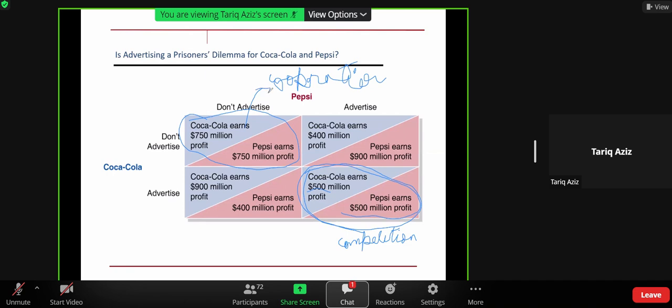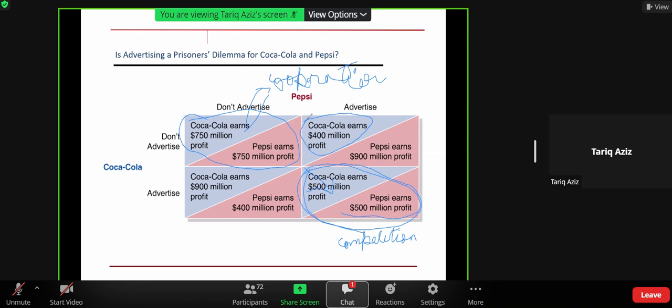And if they decide to cooperate with each other, then the payoff will be better for both of the players. In this example, Coca-Cola and Pepsi both will benefit if they both decide not to advertise. But to develop this cooperation among themselves, most of the time they have to pass through this non-optimal equilibrium, that is competition, because they will not trust each other, and one party will start advertising. Say Coca-Cola is not advertising.